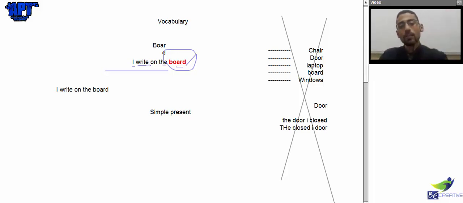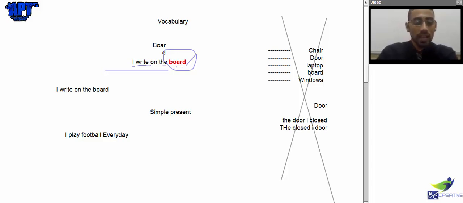I need an example for a simple present. I don't put anything with it, so it will be like this: I play football. Now? Ooh, no. Not now.